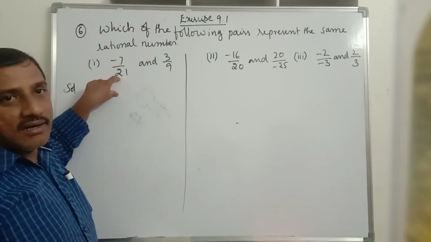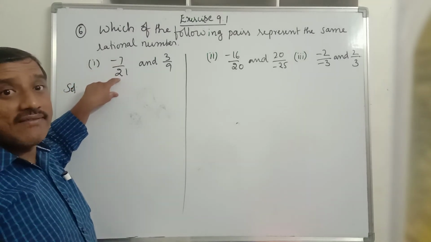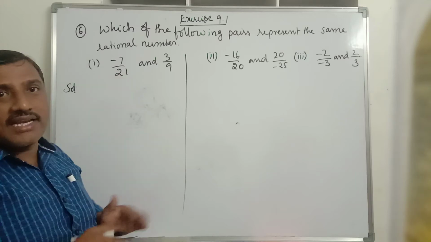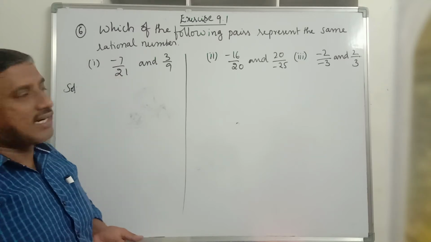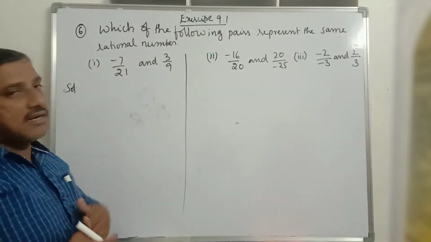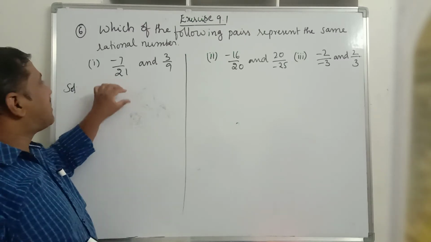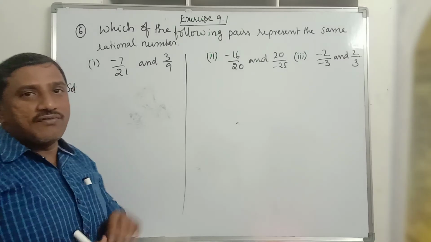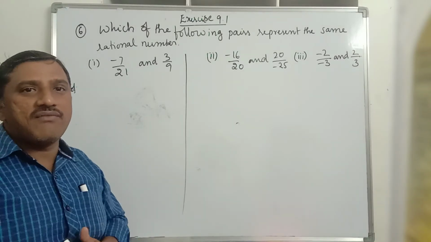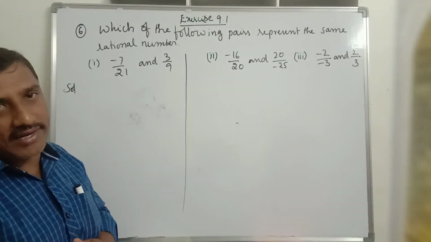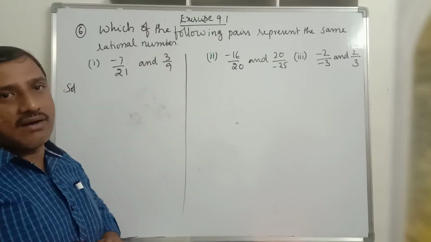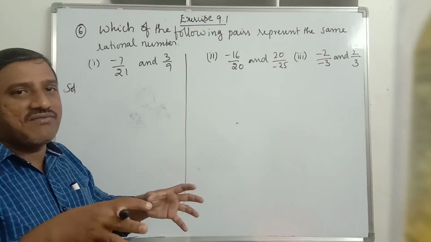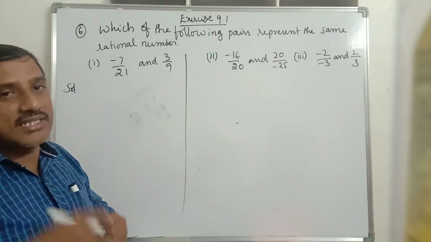Factors of 21 are 1, 3, 7, 21. 3 7s are 21. 3 is a factor, 7 is also a factor. Therefore 7 is the common factor for 7 and 21, which is not in the standard form. Similarly 3 by 9 is there. For 3 and 9, 1 is a common factor and 3 is also a common factor. So it is not in the standard form. So first you change the given rational numbers into the standard form.